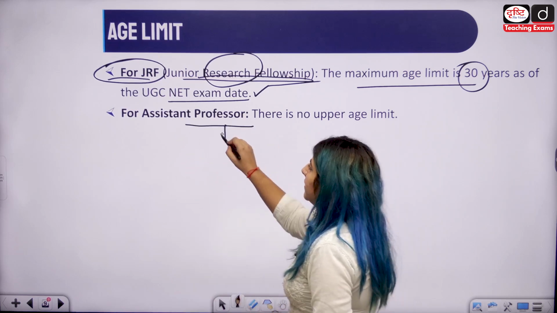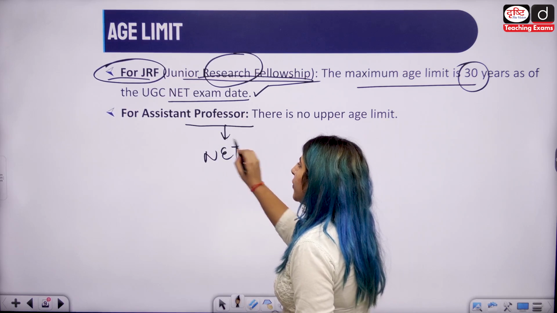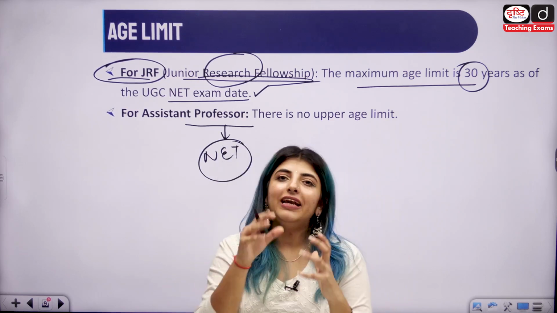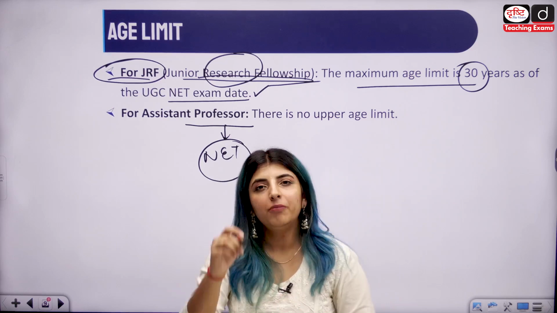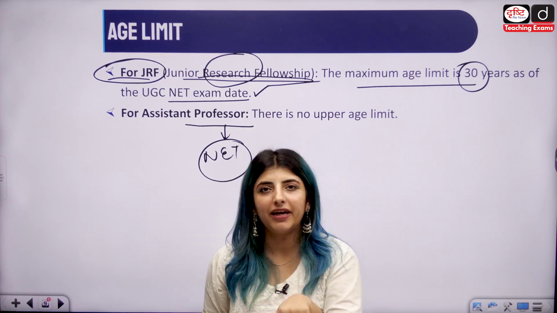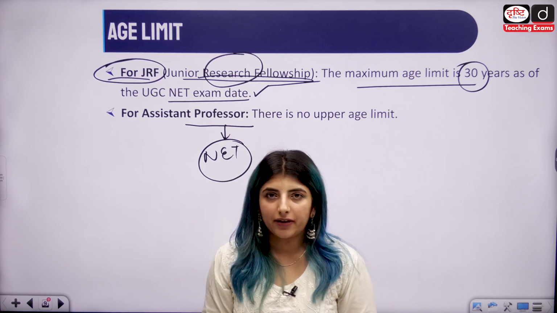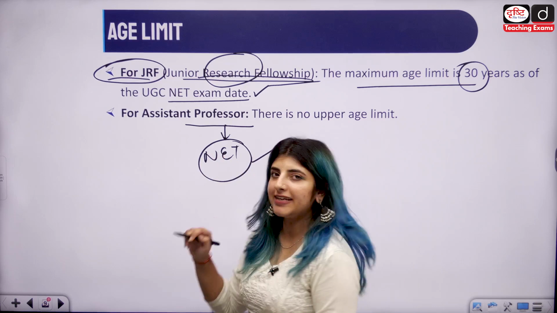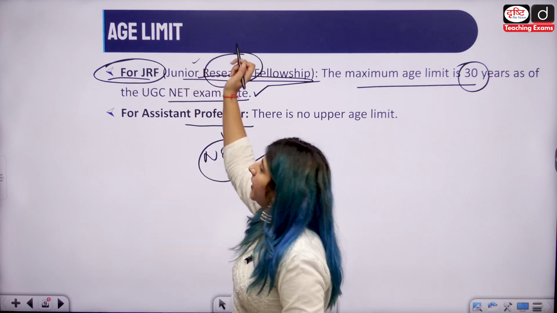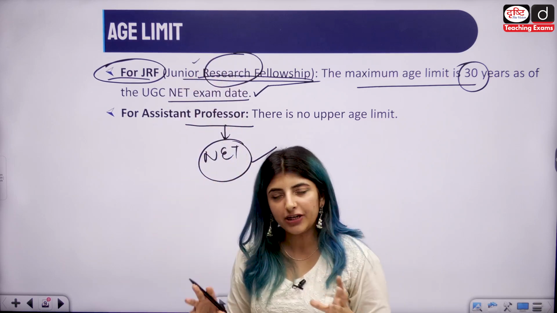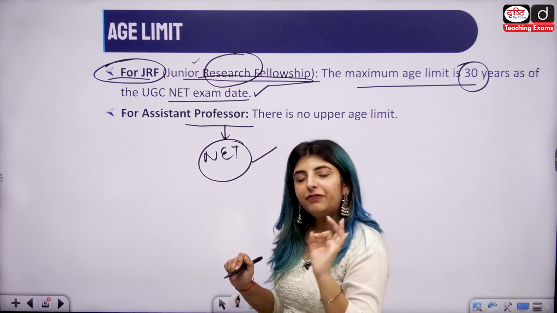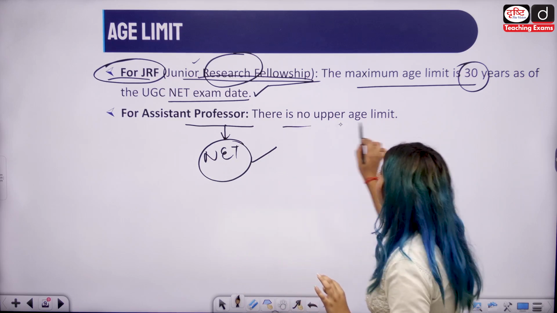For assistant professor, it means if you have just cleared your NET. We have seen students who, while applying on the application form, have tick marked that they are appearing for NET as well as JRF. Correct? So if you have cleared your examination just in the NET category, you have not achieved the upper 6%, you have not qualified for JRF, then again your certificate will be valid for lifetime.